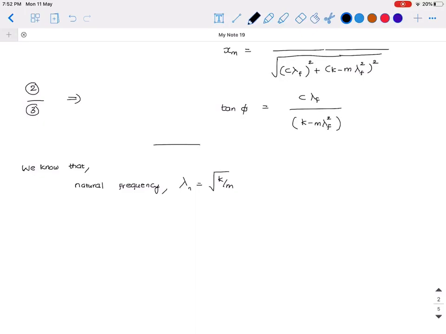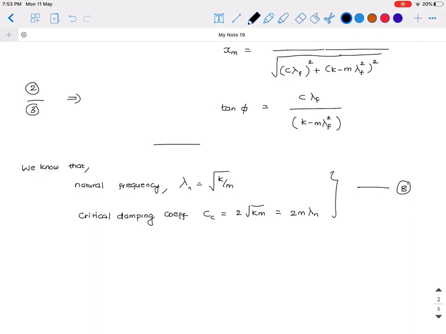And the critical damping coefficient, C subscript C, what we have seen in the last classes, is 2 square root of km. You can refer to the previous class lecture to see this, and then this can be written as 2m lambda n. Okay, so let us say this represents equation B.